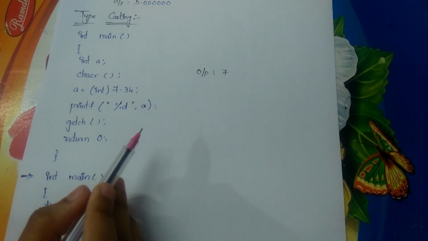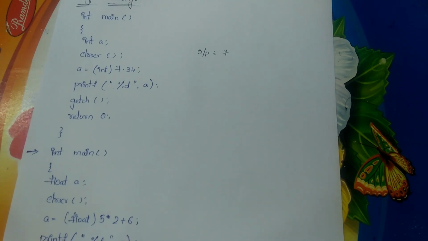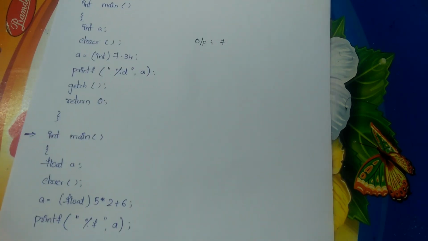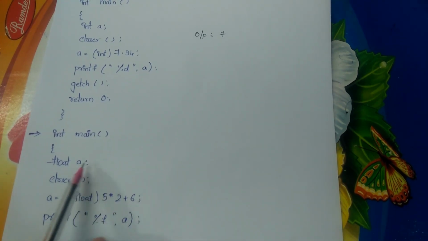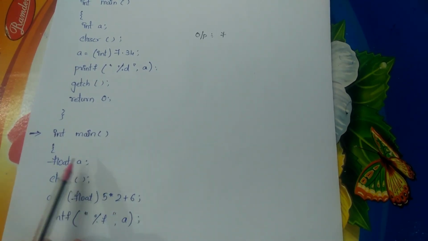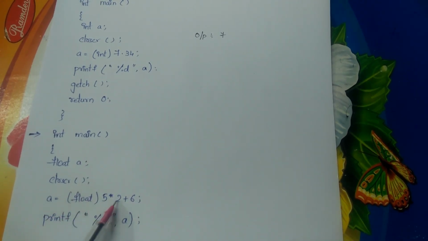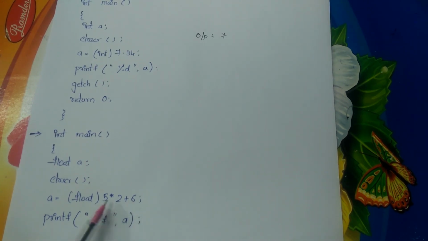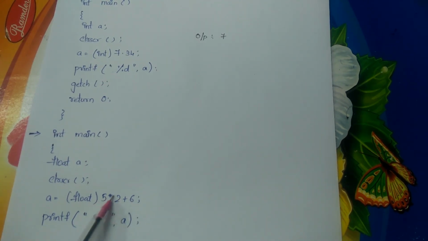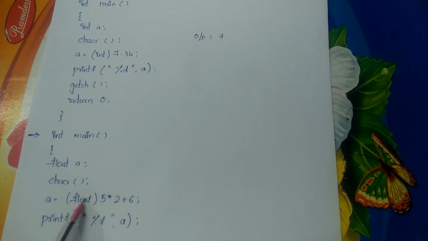The next one, more for the float, I am just writing in the program way, see in the C program. Before this we have to include the header file, and in main, float a, I declare variable a with the float data type, clear screen, and a is equal to float of 5 into 2 plus 6. First this will be evaluated: 5 into 2, multiplication is evaluated first. So 5 into 2 is 10, and 10 plus 6 is 16. So 16 will be converted to a float.